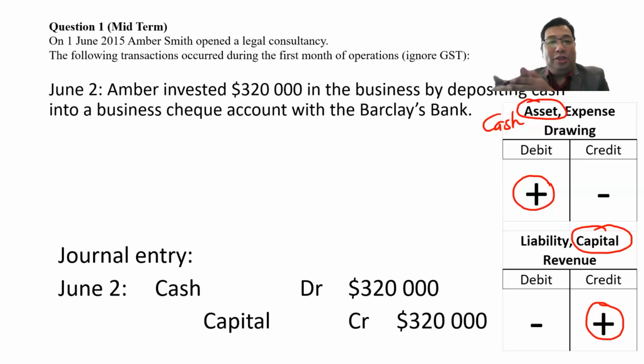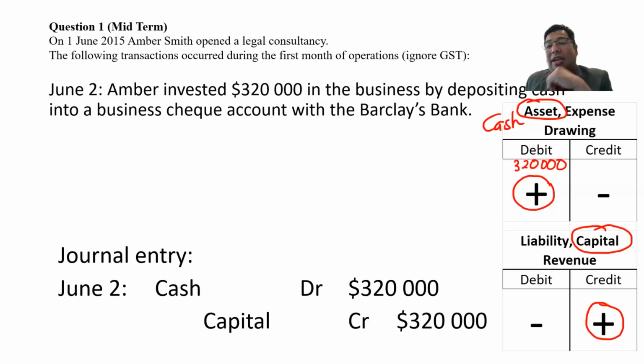I repeat again. For the first question, Amber invested 320,000 by depositing that cash into a business account. Previously, the legal firm did not have any balance. So when Amber deposited the money, the cash, which is an asset, increased by 320,000, so I'm going to debit 320,000 here.